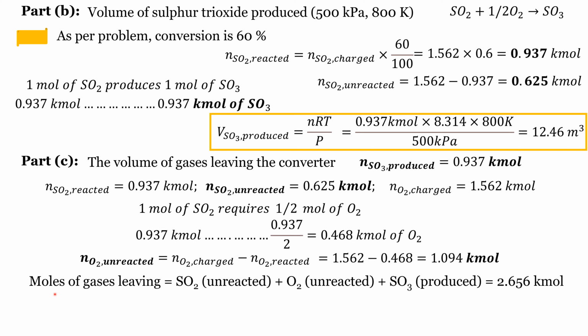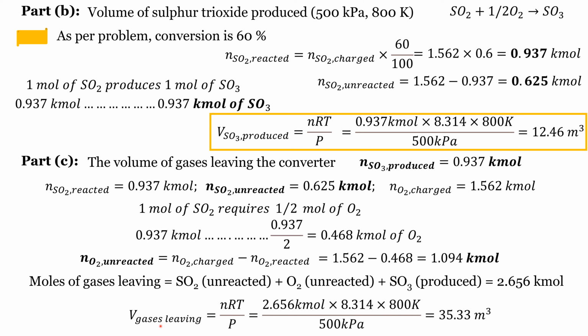Now we can write that the moles of gas leaving contain the amount of SO2 unreacted, plus the unreacted amount of O2, plus the produced amount of SO3, and after summing up we will get 2.656 kilomole.